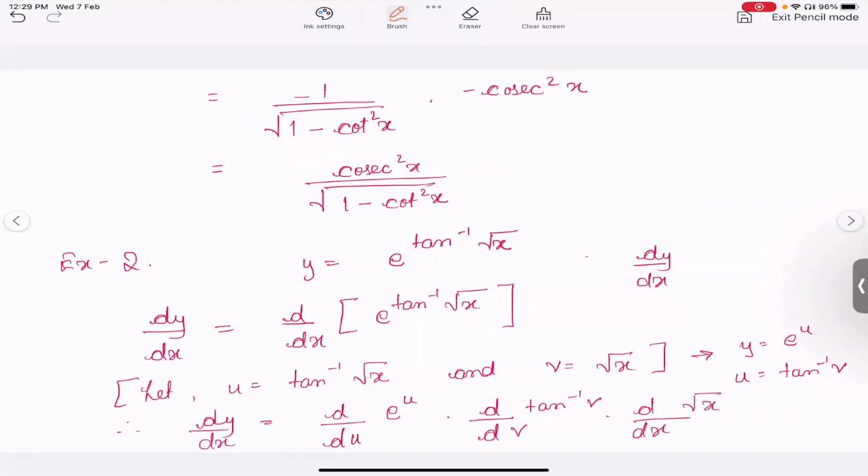So this is our chain rule. We can do it in one go, or we can solve the individual derivatives and multiply the end results, and we'll get our dy by dx. Both are doable. I like to do it in one go to reduce the number of steps.